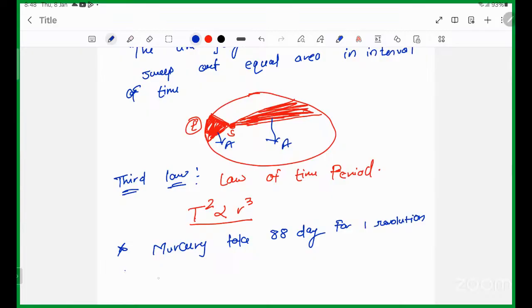And the furthest one is Neptune. Neptune takes 165 years for one revolution. It is the furthest one.